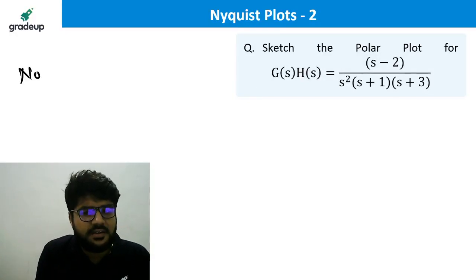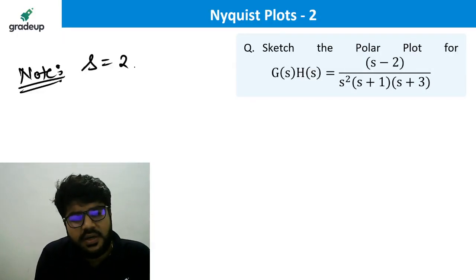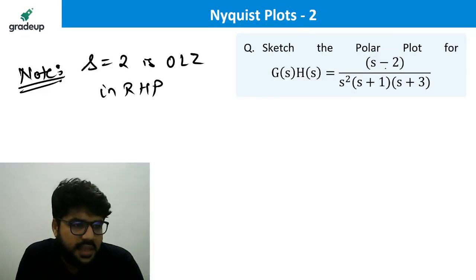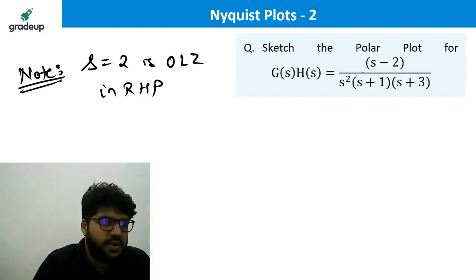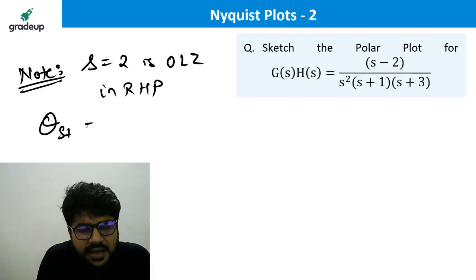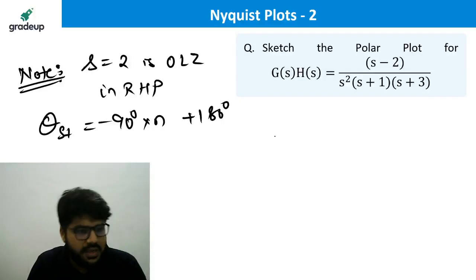Observe that. I have already told you the precautions, but you are not following the precaution. Note that s equal to 2 is an open loop zero in the RHP. So what is the theta starting angle? It is given by minus 90 degree into n, added with 180 degree.